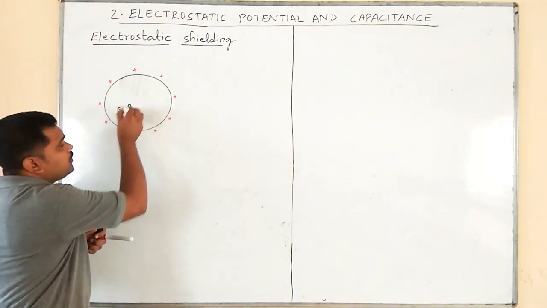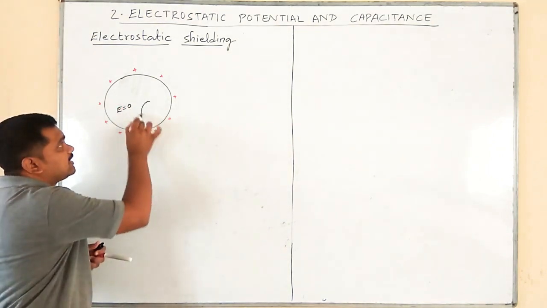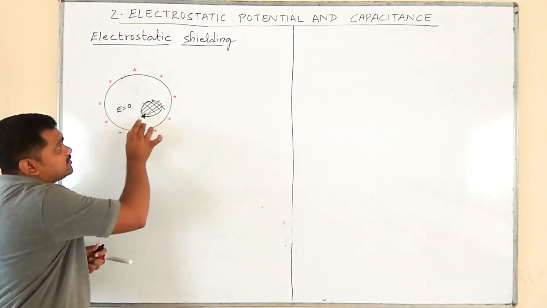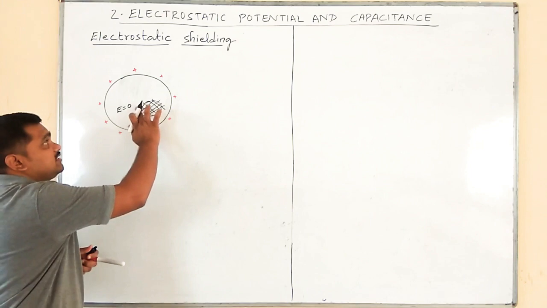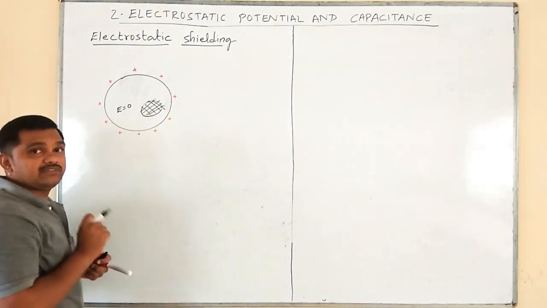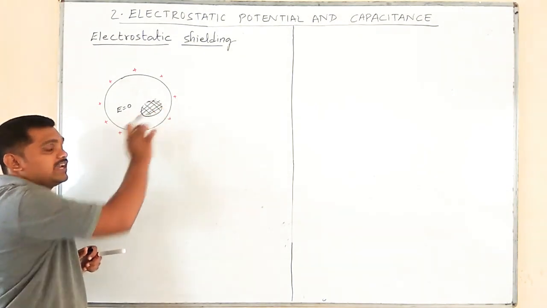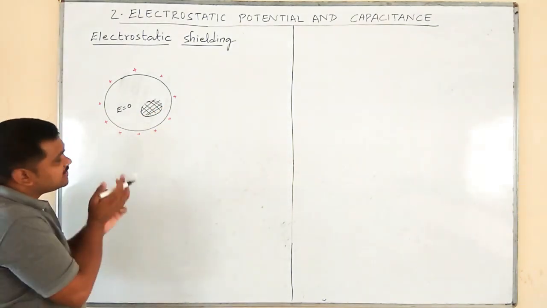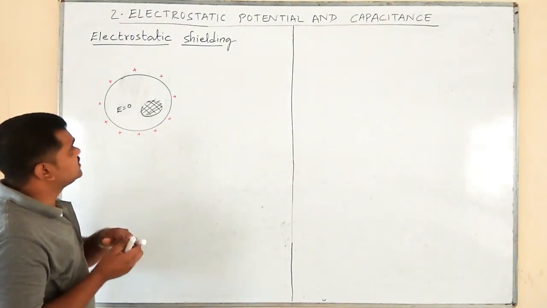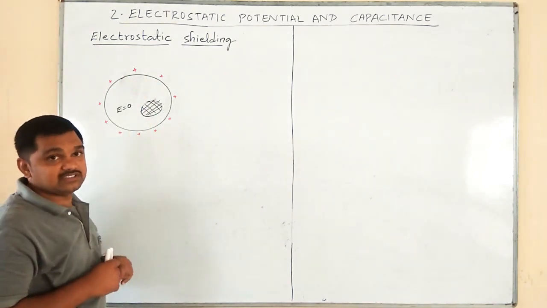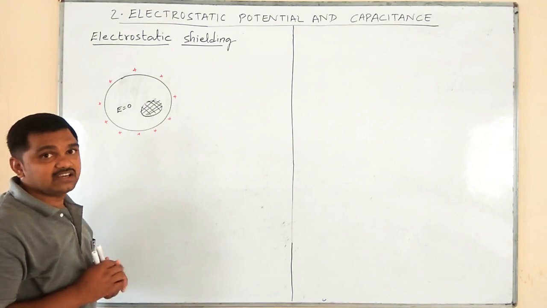Therefore, if you place any object inside this hollow space, since the electric field is 0, there will be no effect of electric field on this substance. So this technique of protecting certain things from the harmful external electric fields is called electrostatic shielding.